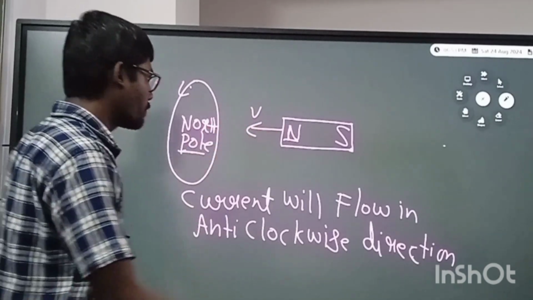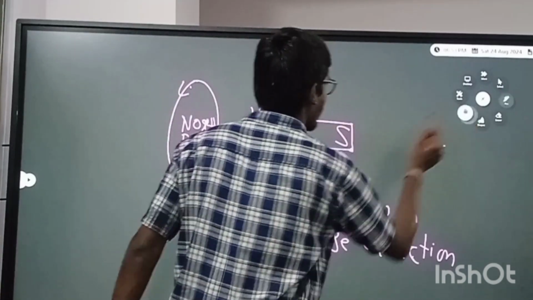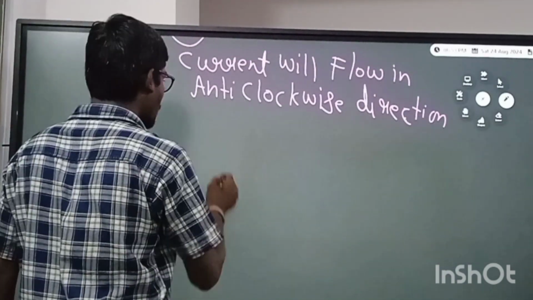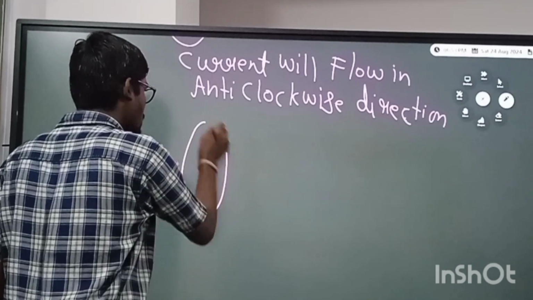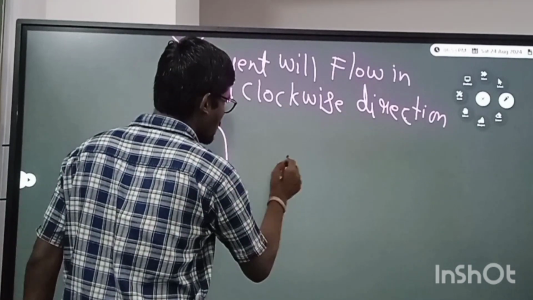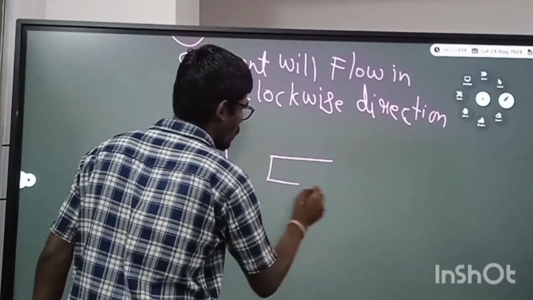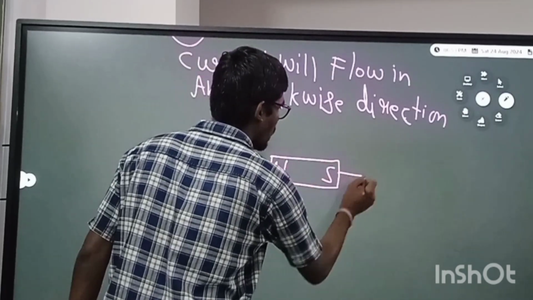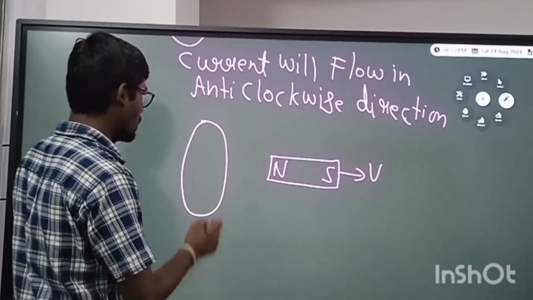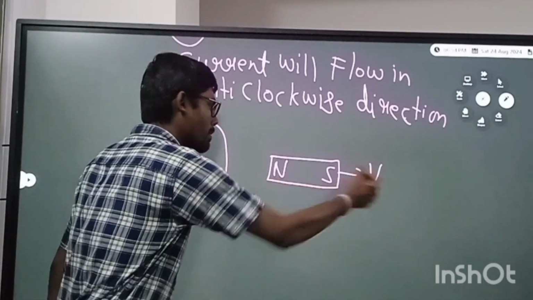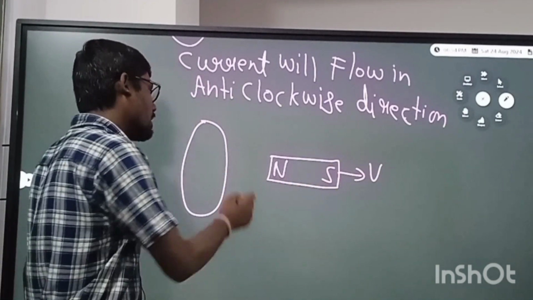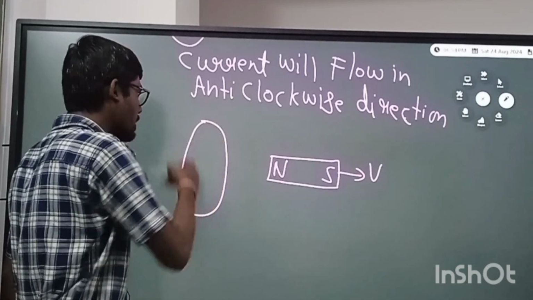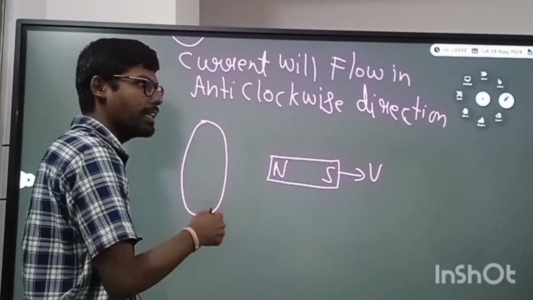Okay, now another example. If this is our conducting coil, and this magnet is moving away from this coil, then what will happen? The magnetic field lines passing through this coil will decrease, so the magnetic flux will decrease.